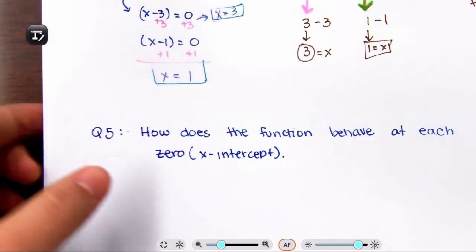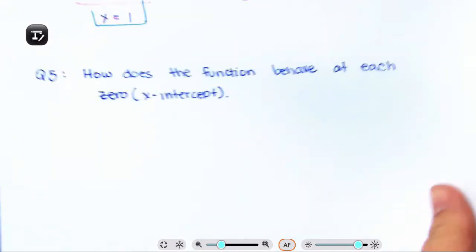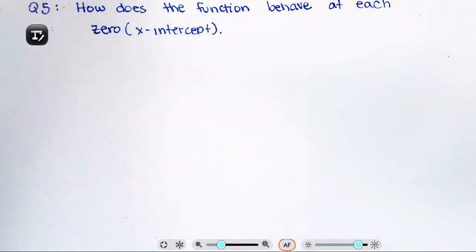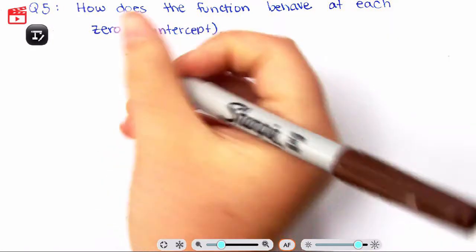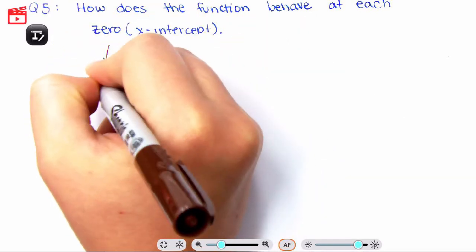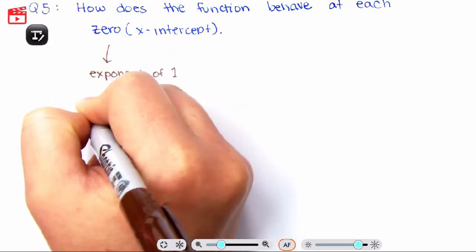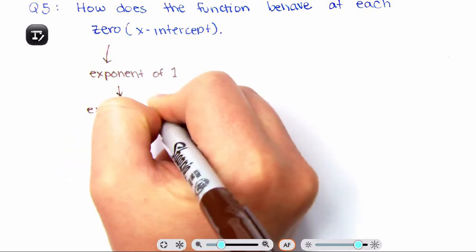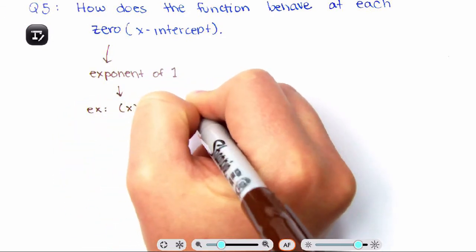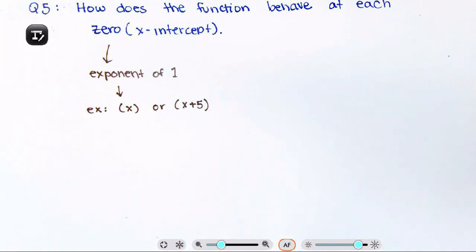This is where we need to go back and talk about functions in general. So we have different functions. Functions can be in the form of different things. If you have an exponent of 1, for example, if you just have x, or you have x plus 5, your exponent is 1. We already discussed that previously, it's the unseen exponent.